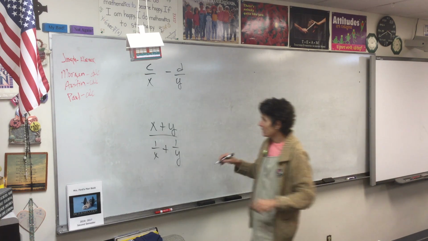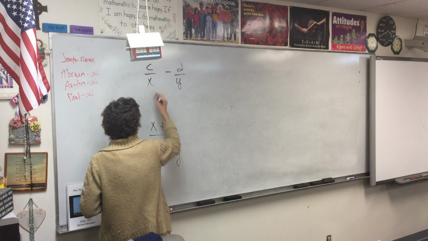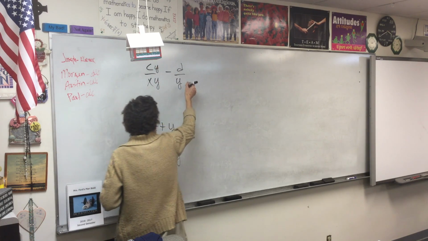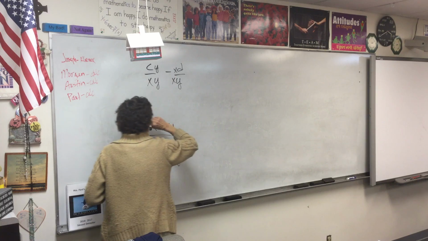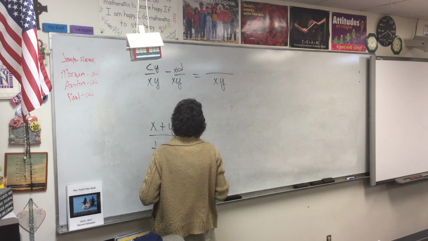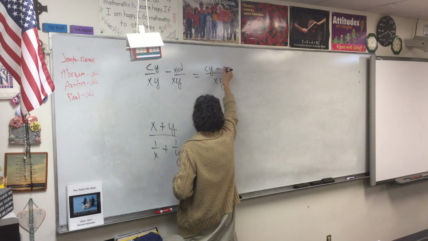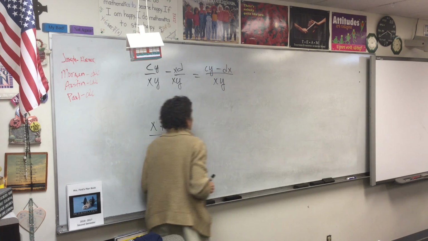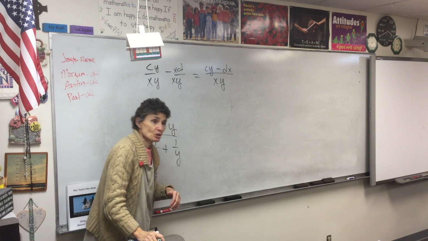So our common denominator is going to be xy. So this one needs a y and this one needs an x. So the answer will be one fraction over xy, cy minus dx over xy. That's all there is to it.